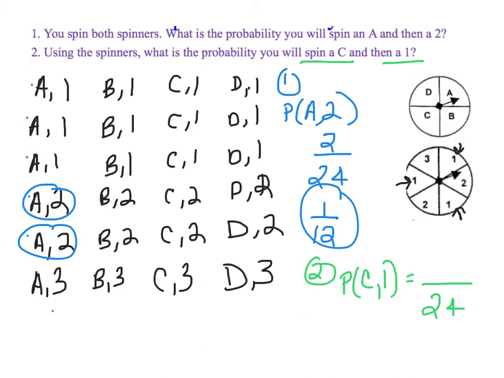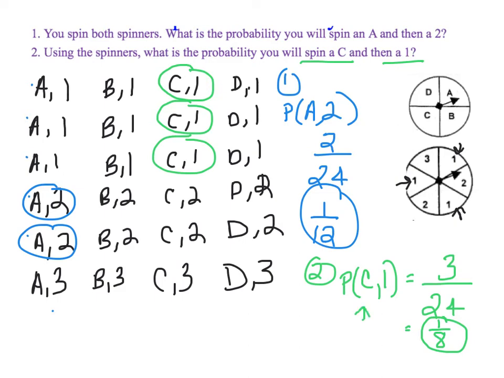But this time I want a C and then a 1. So this one, and this one, those are all winning outcomes. So the chance of getting that outcome is 3 out of 24, which simplifies down to 1/8. So there's a better chance of spinning and getting the outcome for number 2 than it is number 1. 1/8 is bigger than 1/12.